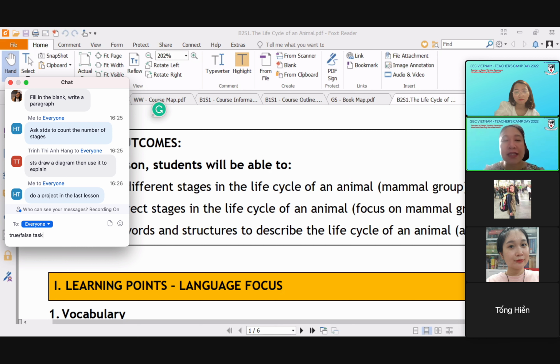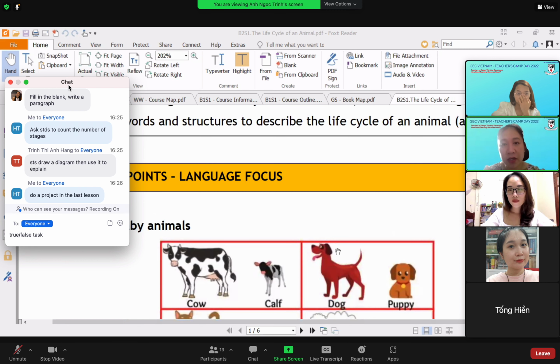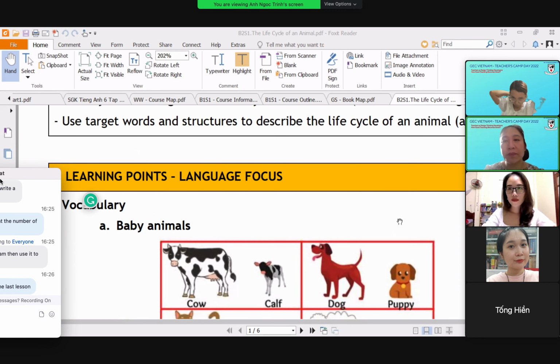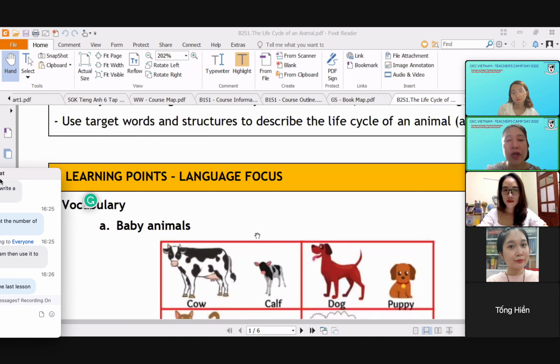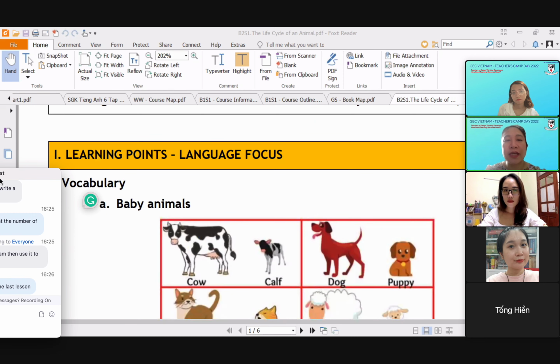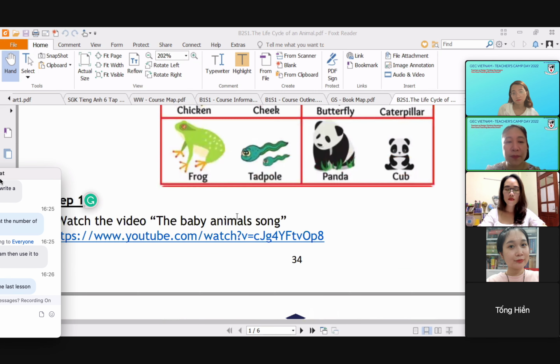Yeah. So let's see. We also follow the very traditional PPP, where we put the language focus here, because to achieve the outcomes, students have to learn the language focus like this.